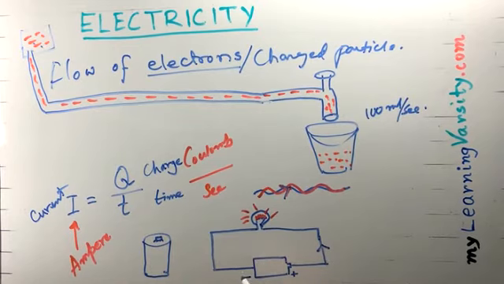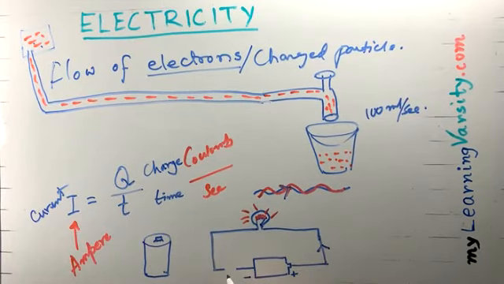Now you say that you don't want the light continuously. You want to switch it off. So what do we have to do for that? We have to introduce a switch.